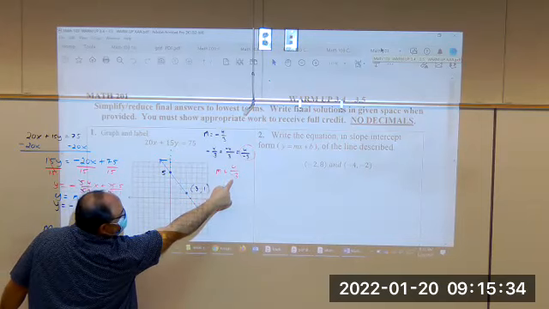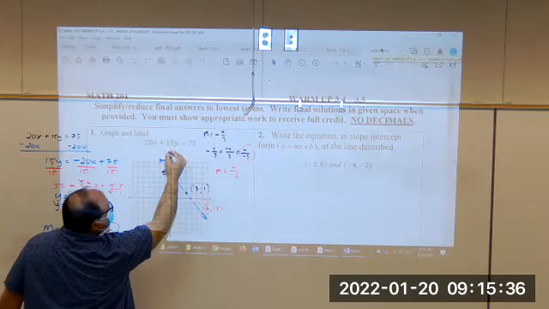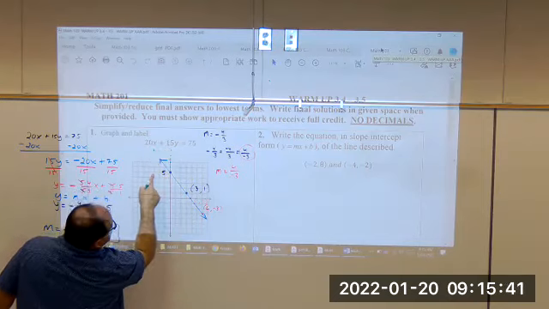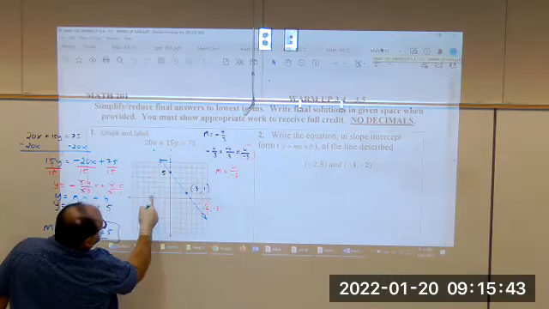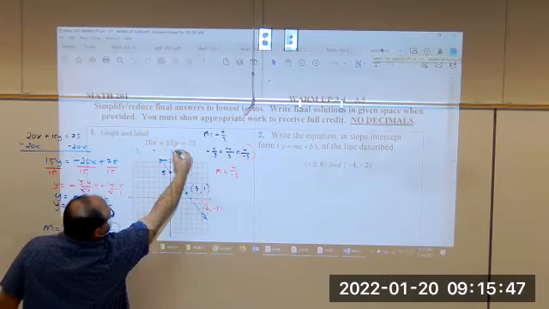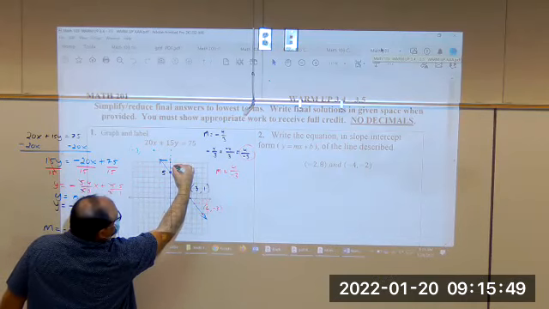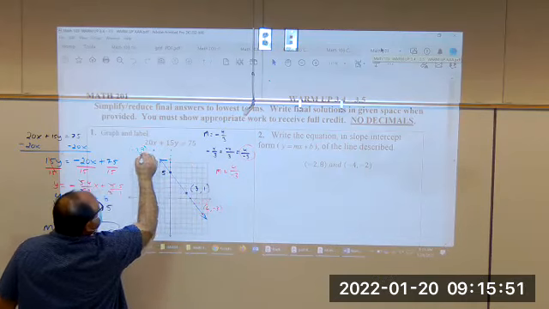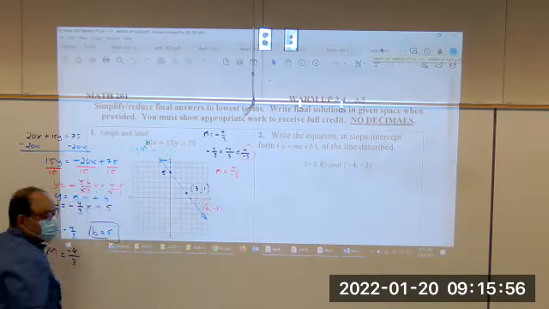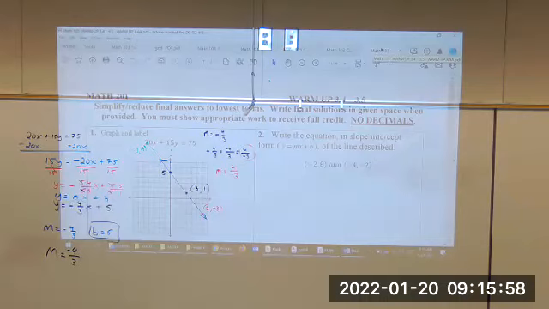And the run is negative, so I got to go to the left. 1, 2, and right there's 3. So the x right here is -3, and the y, this would be 5, 6, 7, 8, 9. That's 9. And if I continue my line, there it is. But it's not on my grid.